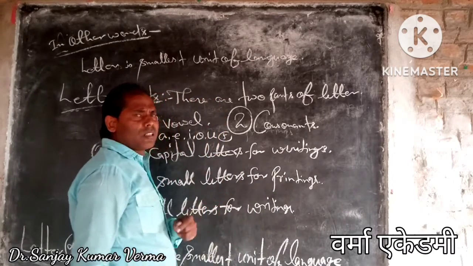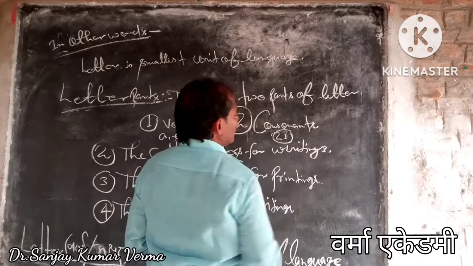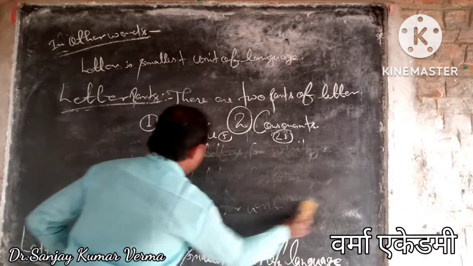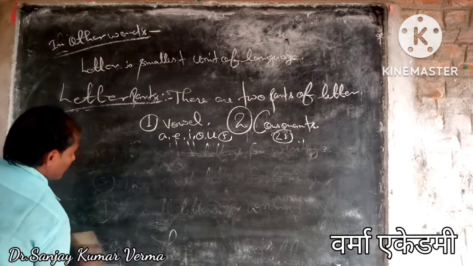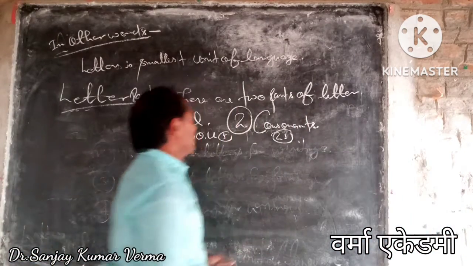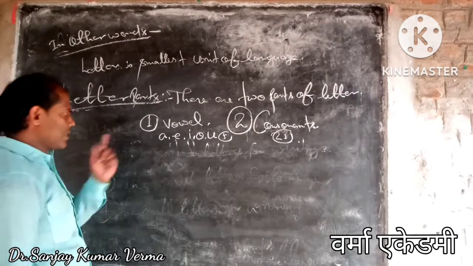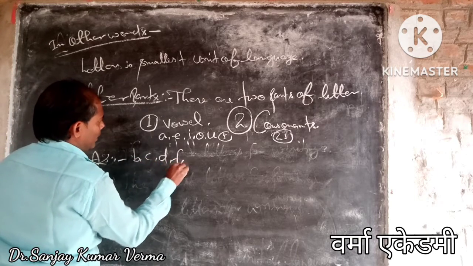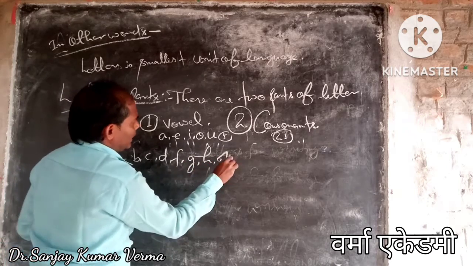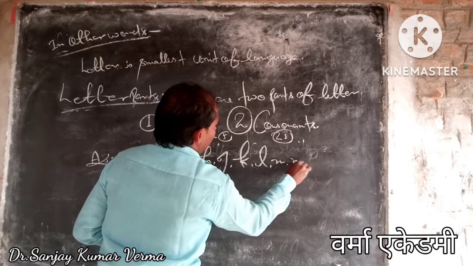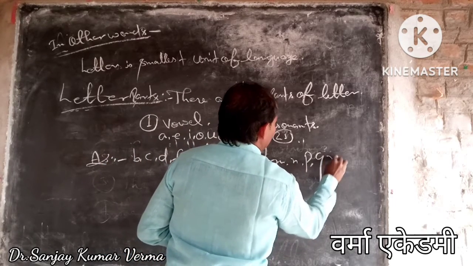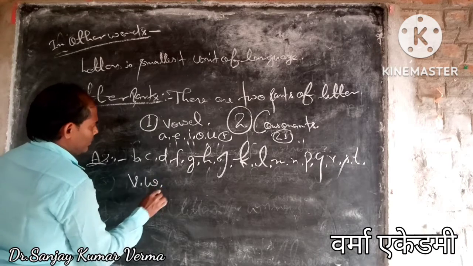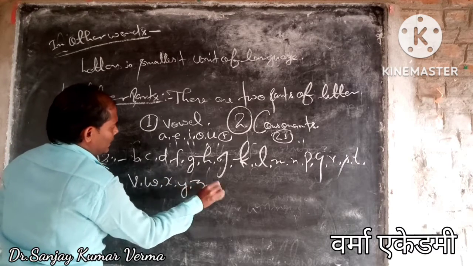The number of consonants is only 21, as B, C, D, F, G, H, J, K, L, M, N, P, Q, R, S, T, V, W, X, Y and Z.